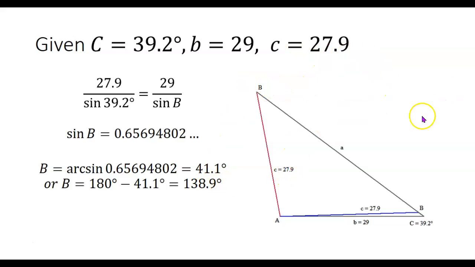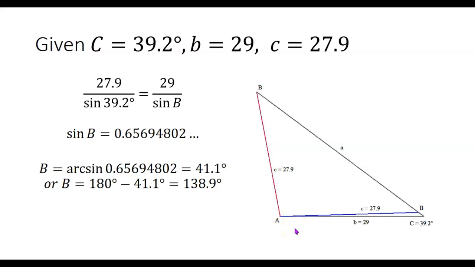In the picture, I'm showing you both of them. One of them would be this angle here, from A to B to C, and the red line is side C of that triangle. The other possibility is this little skinny triangle down here that goes from A over to B and then down to C. And the blue line would be side C of that triangle.